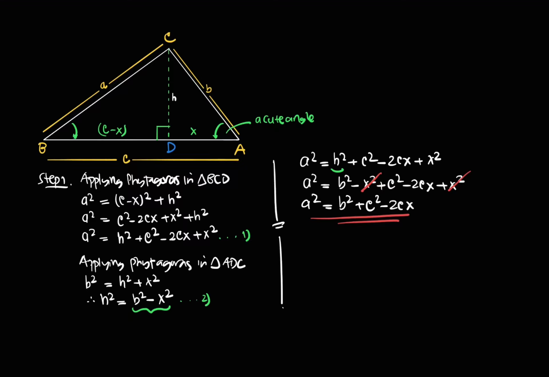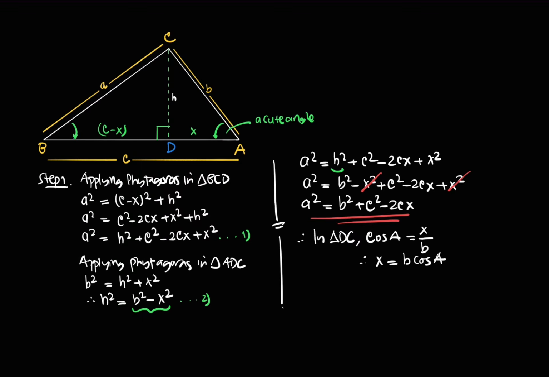If you notice in triangle ADC, cos alpha, as the acute angle, equals x over b, adjacent over hypotenuse. So x equals b cos alpha.